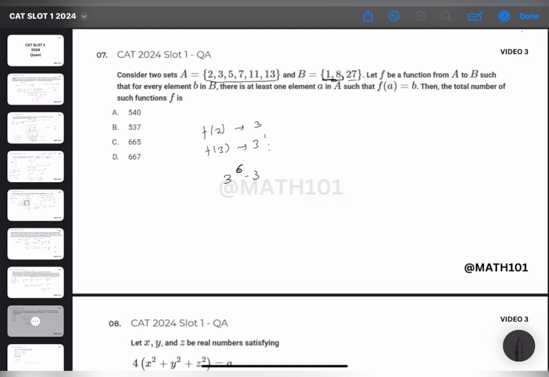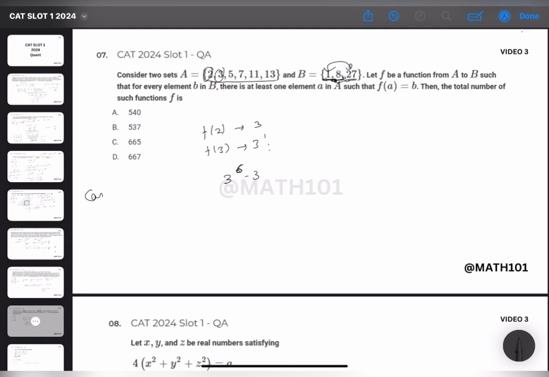Either it maps only to 1 or 8, or 8 or 27, or 1 and 27, but not to 27, 8 and 1 respectively. So in that case, each of the elements of A has two possible choices.